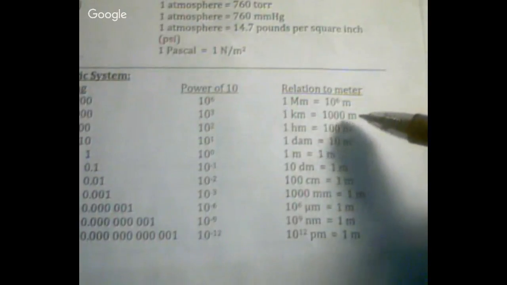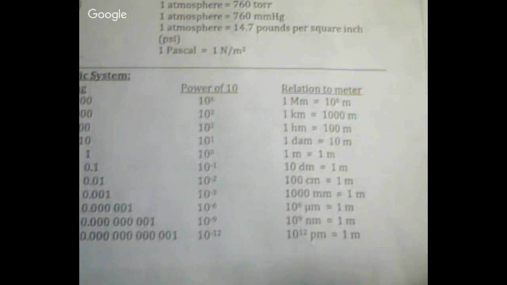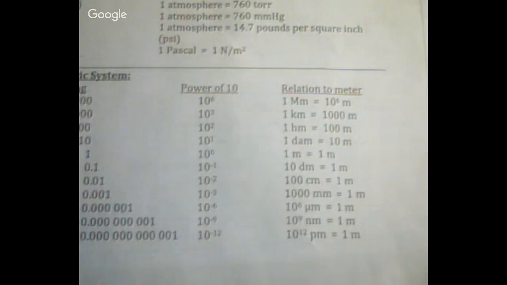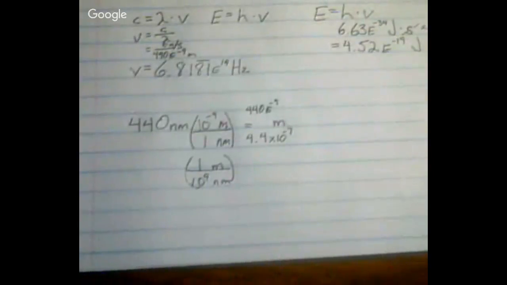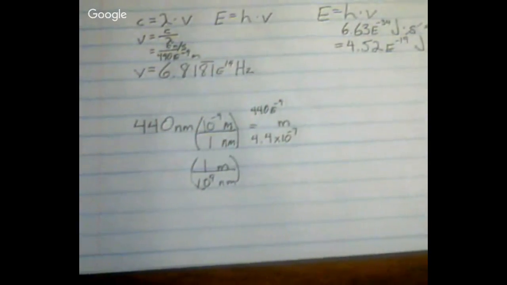But what if I want to compare a kilometer to a micrometer? It doesn't give me that relationship. So there, I recommend using the powers, because you could just take the difference of the powers. But you could do a 2-step problem with those as well. Hope that helps. Let me know if you are still confused, you want me to do another problem or another conversion or something like that.